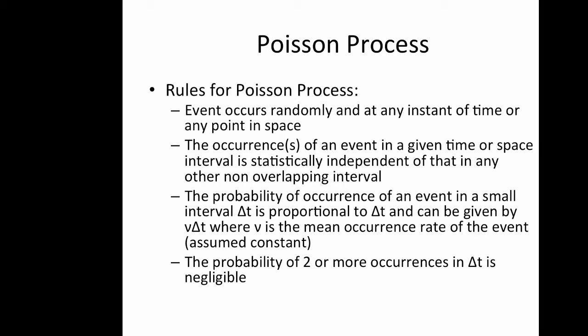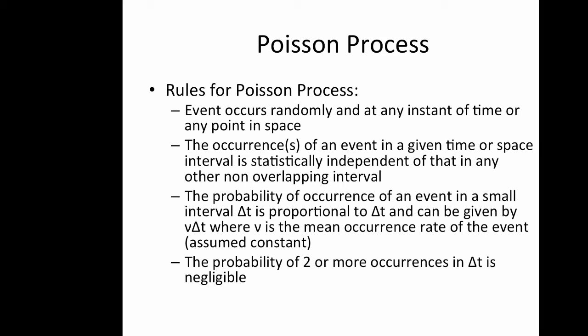So as with the Bernoulli sequence, the events are statistically independent of each other. The probability of occurrence of an event in a small interval delta t is proportional to delta t and can be given by what your book uses as nu delta t, where nu is the mean occurrence rate of the event.